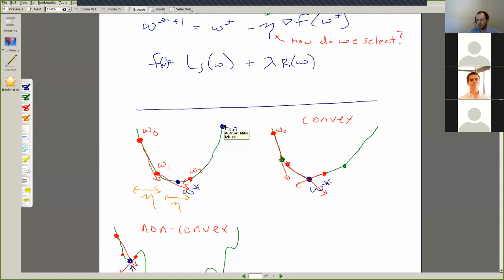When that happens, the magnitude of the gradient at W1 is guaranteed to be bigger than the magnitude of the gradient at W0 because the function is farther away from the minimum.